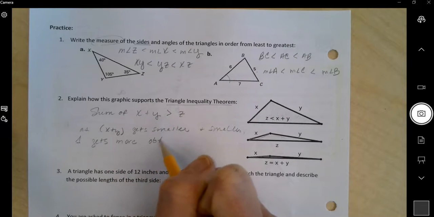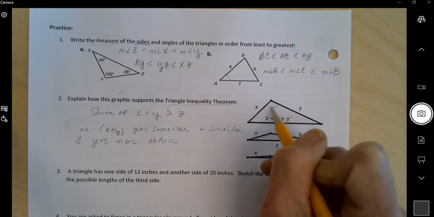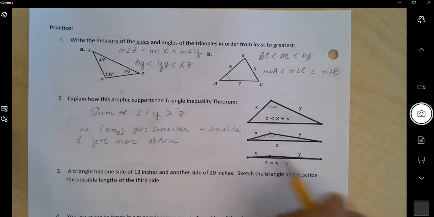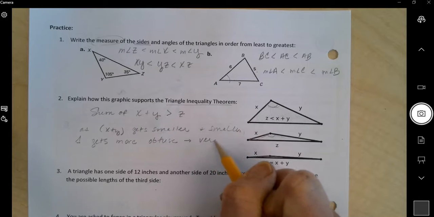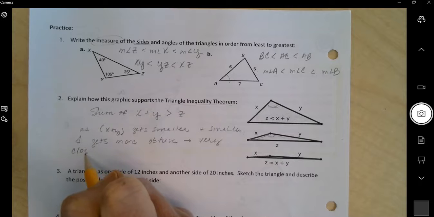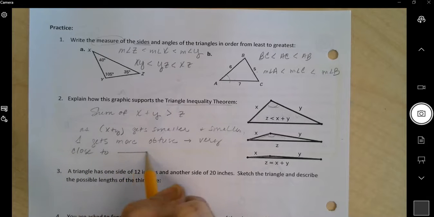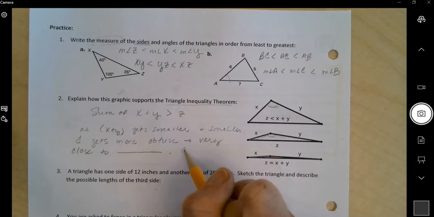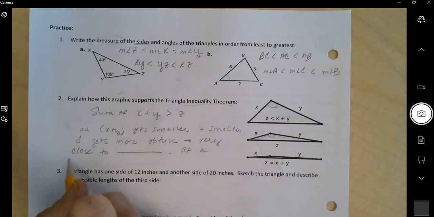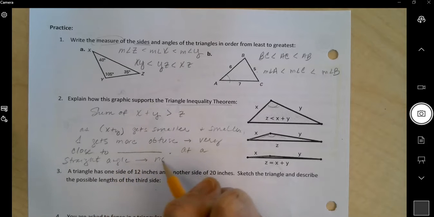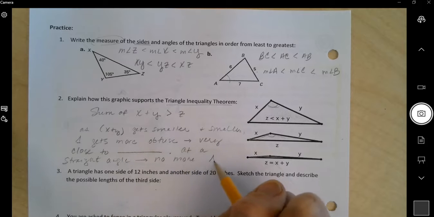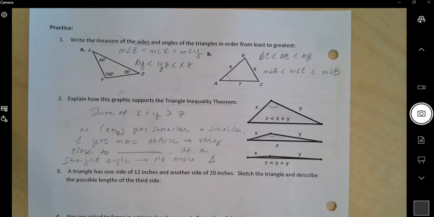Your triangle gets more obtuse, which is what's happening here to this angle. And it goes to the point of being very close to a straight line, right? And then we know that at a straight angle, we're going to end up with no more triangle, right? As that goes closer and closer to being straight, it stops being a triangle.